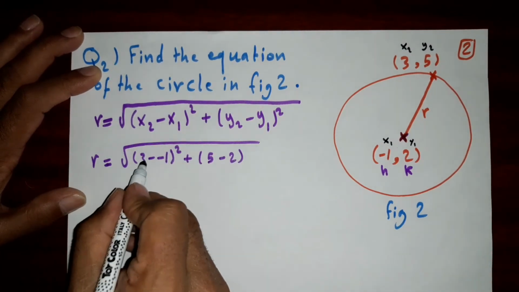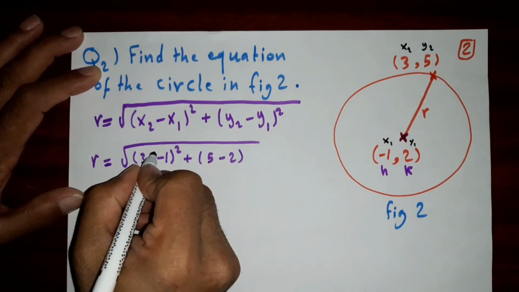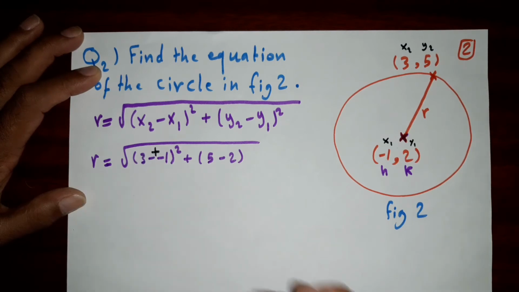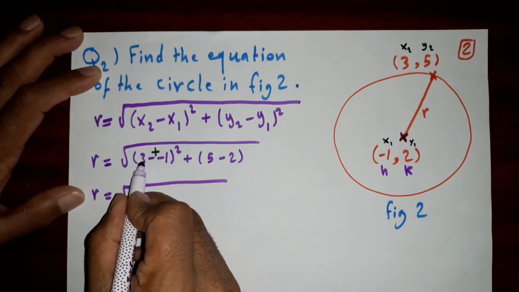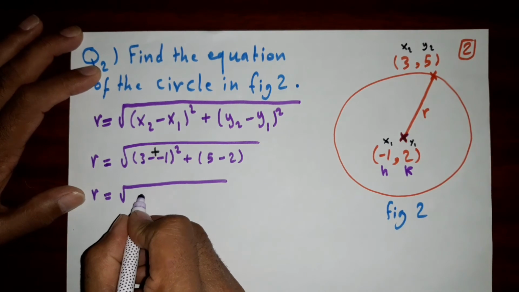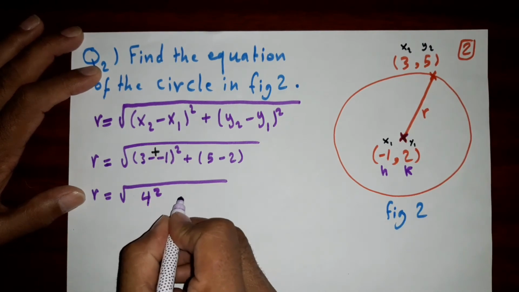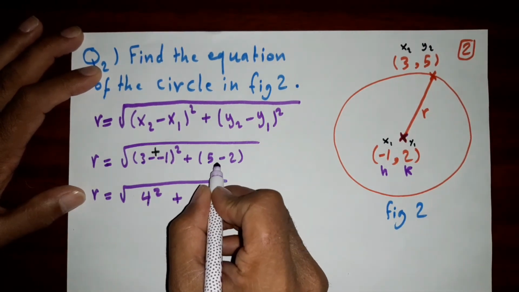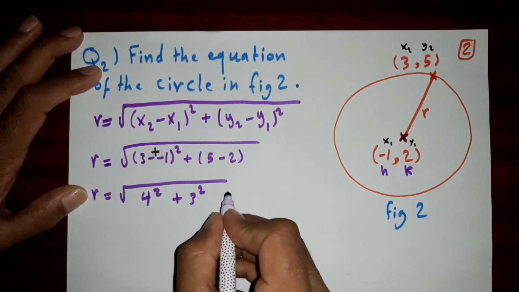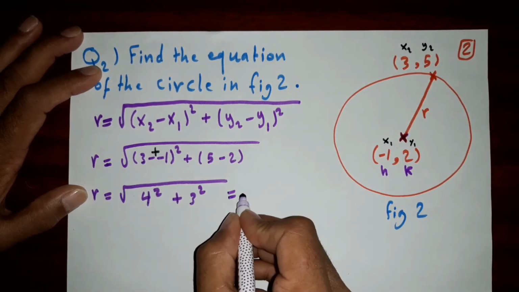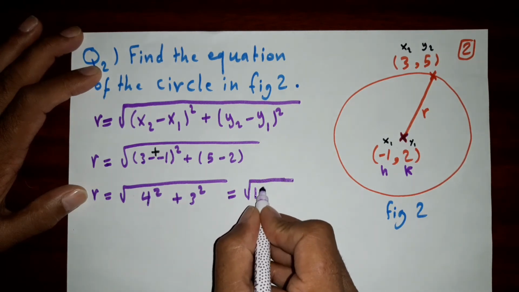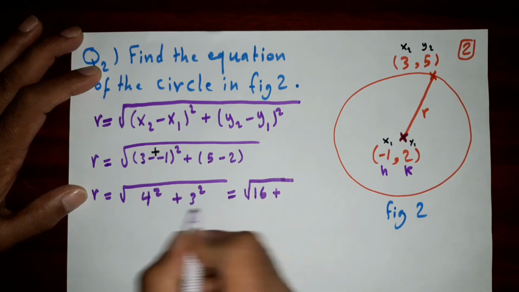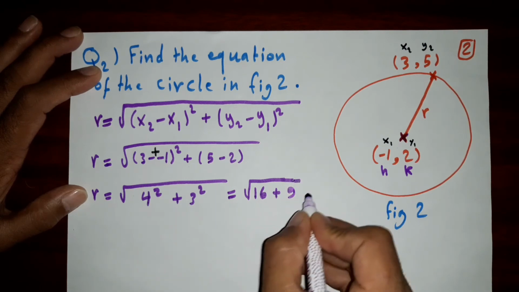Minus minus will be plus. So the answer r equal under square root 3 plus 1 is 4, 4 squared, plus 5 minus 2 is 3, 3 squared. 4 squared is 16. 4 times 4 is 16. 3 squared is 9. 3 times 3 is 9.